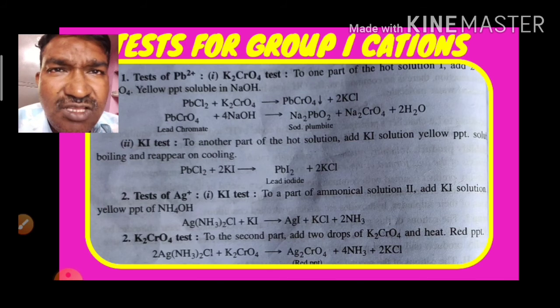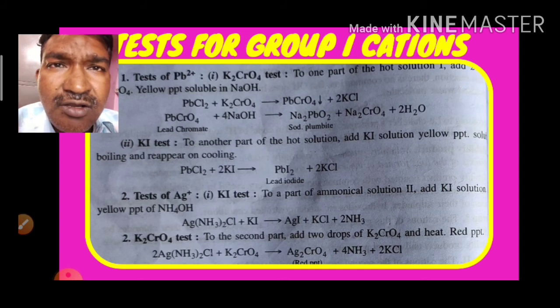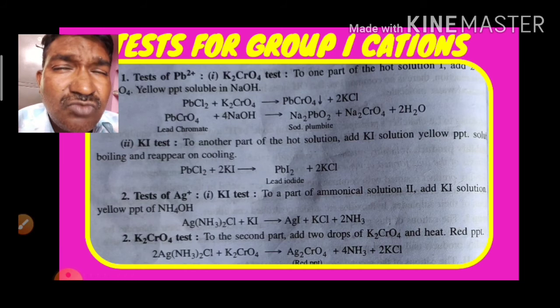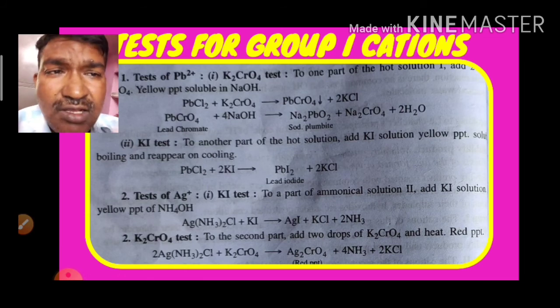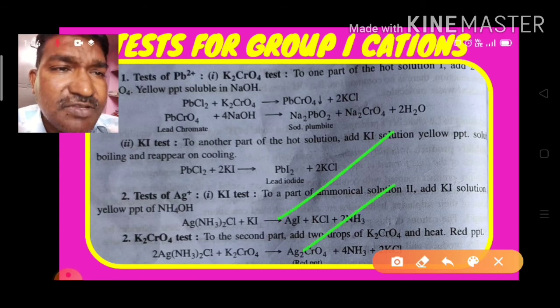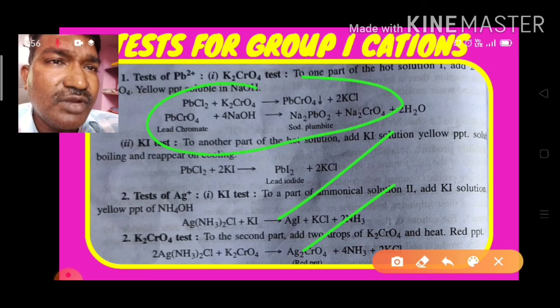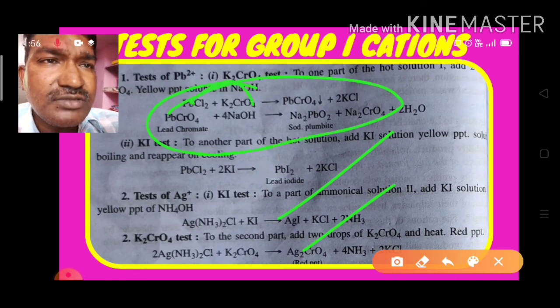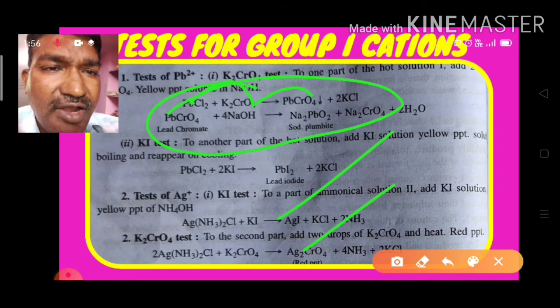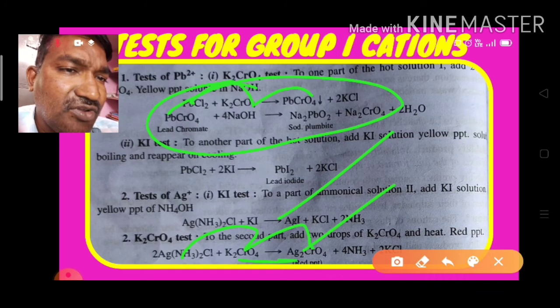Lead forms a yellow color precipitate with the addition of potassium chromate and with potassium iodide, whereas silver forms a red color precipitate of silver chromate and a yellow color precipitate with potassium iodide. So that's the difference you have to remember. Lead forms a yellow precipitate with potassium chromate, silver forms a red precipitate with potassium chromate.